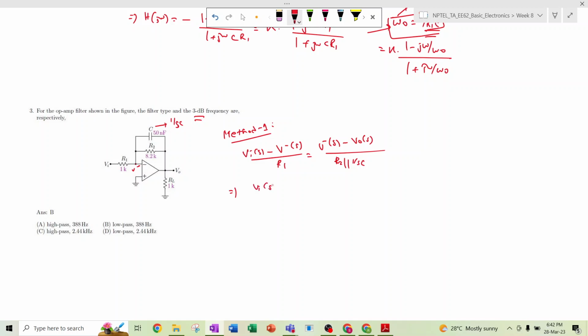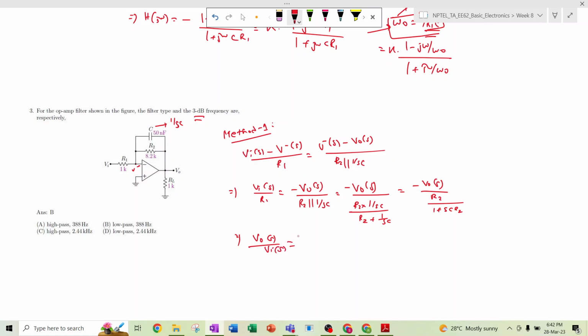So Vi(s) by R1 is nothing but minus V0(s) divided by R2 parallel 1 by sC. If we do R2 into 1 by sC divided by R2 plus 1 by sC, it will be minus V0(s), this is R2 divided by 1 plus sC R2.